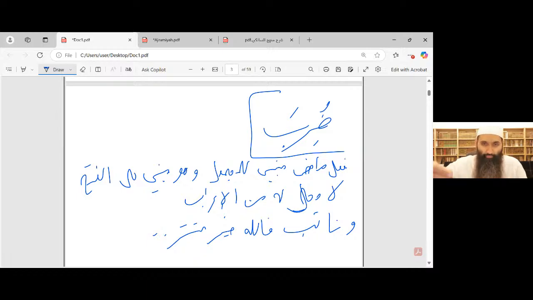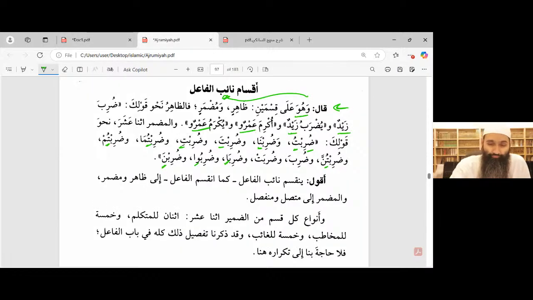Okay, there's only two examples I wanted to do, because everything else now you can see that the i'rab of all of these 12 sentences here is exactly like the i'rab of the fa'il.